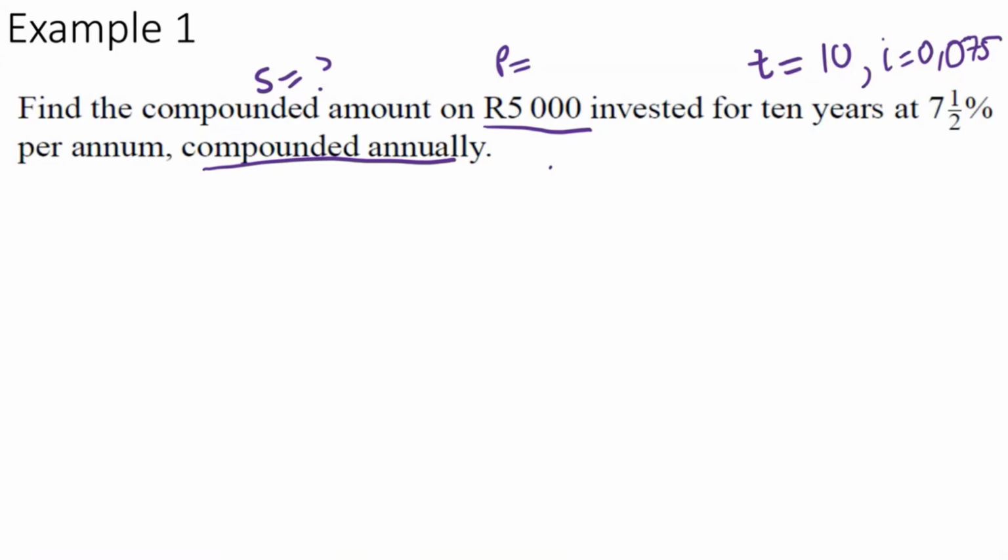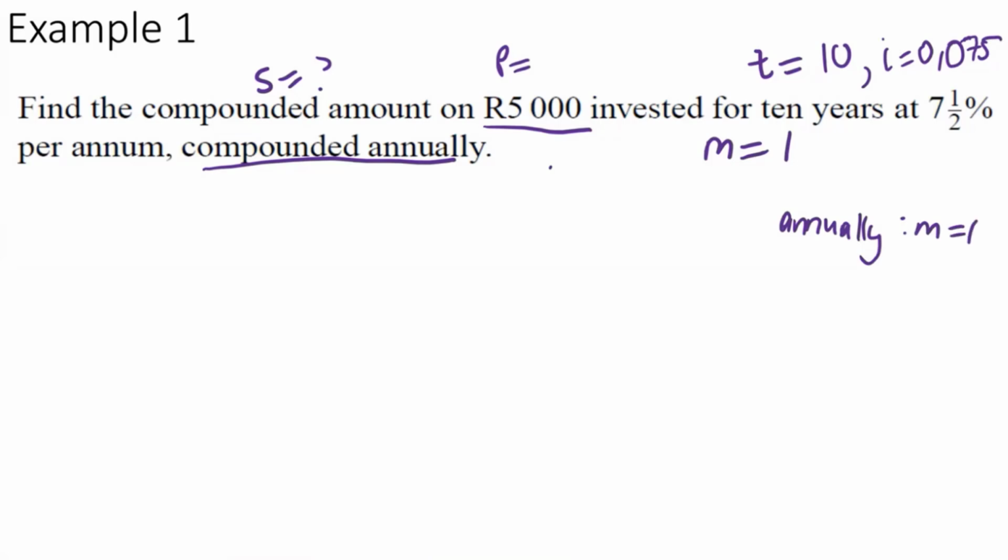When something is compounded annually, our M is equal to 1.